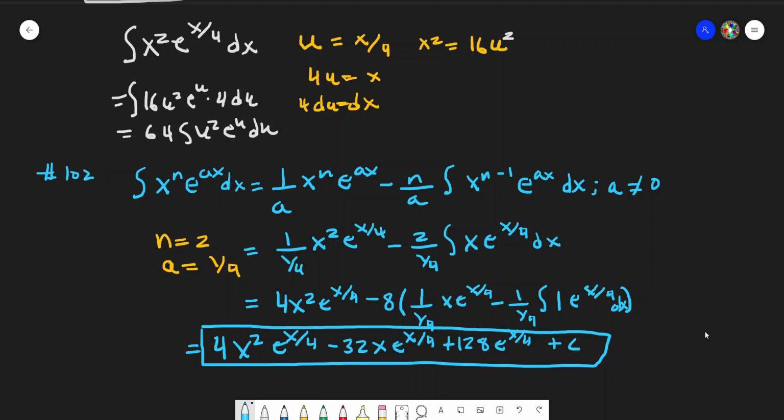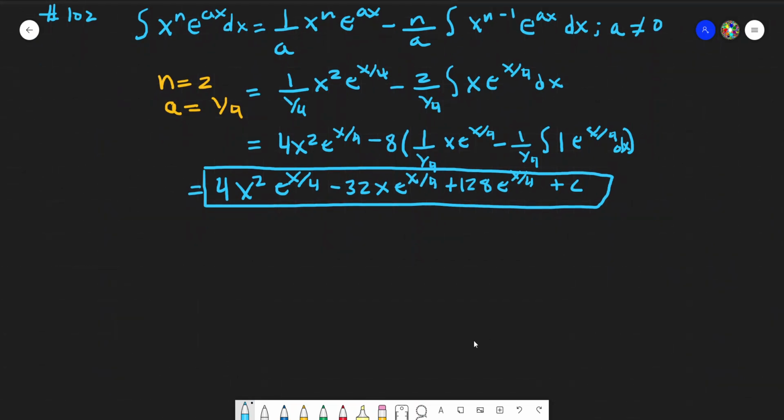Now we can actually rewrite this if we want to. We can actually rewrite this as the following. Note that, for example, you have that 4 is a common factor, and also e to the x over 4 is also a common factor, so that basically leaves you with x squared minus 8x, and then of course, if you take out a 4, that's going to be also 32, so that's going to be plus 32, and then this would be the answer.